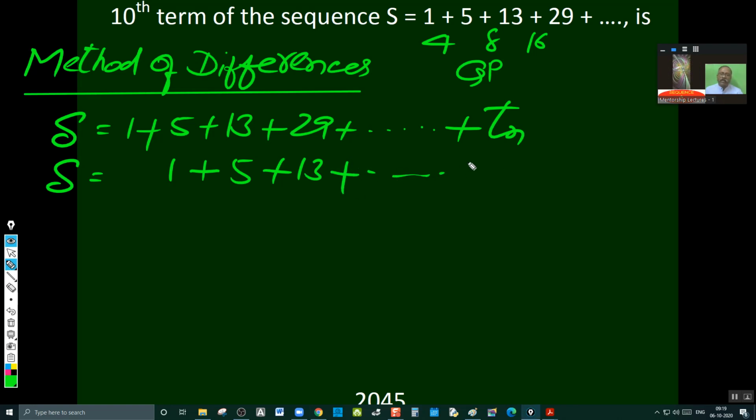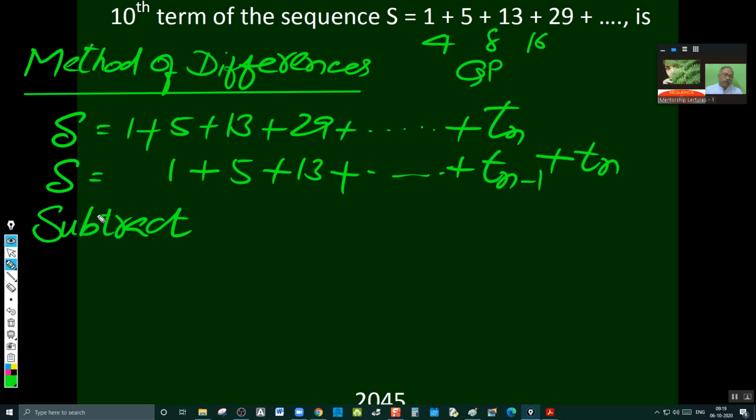So आपको इधर you will get Tn minus 1 here plus Tn here. Now subtract. Through subtracting, what is that you get? 1 plus 4 plus 8 plus 16. That's it. S minus S becomes 0.